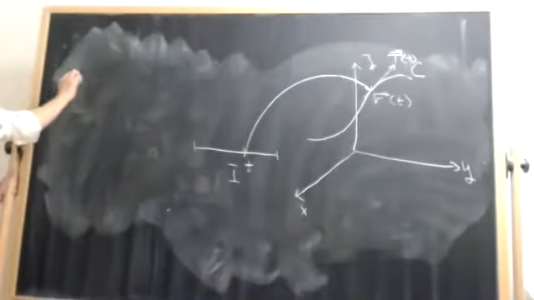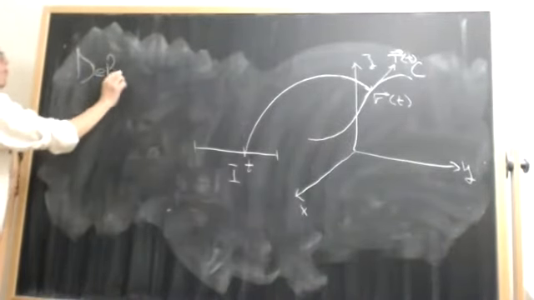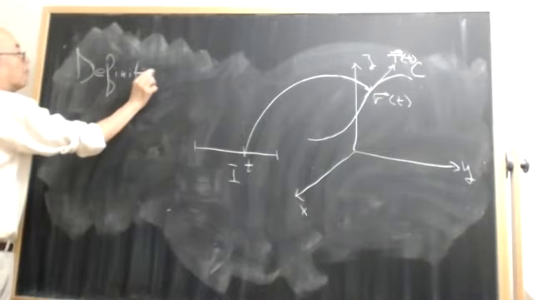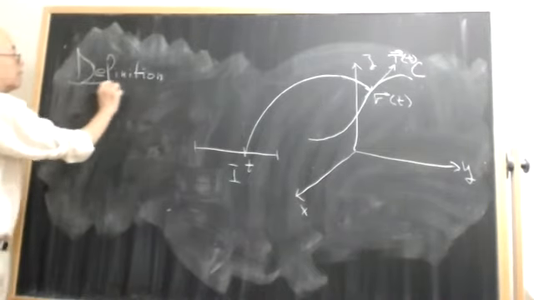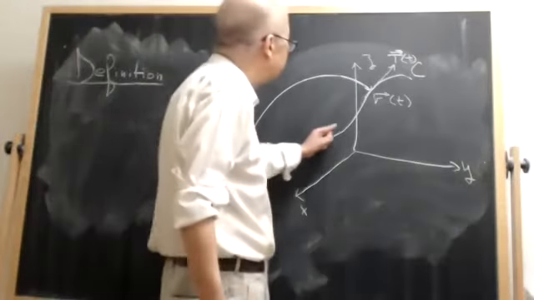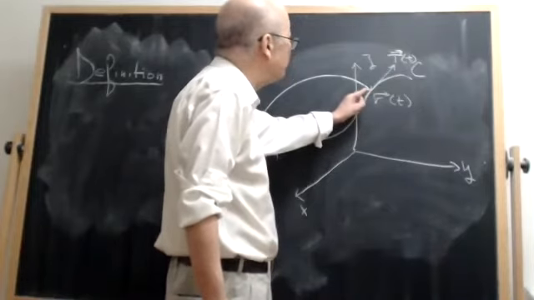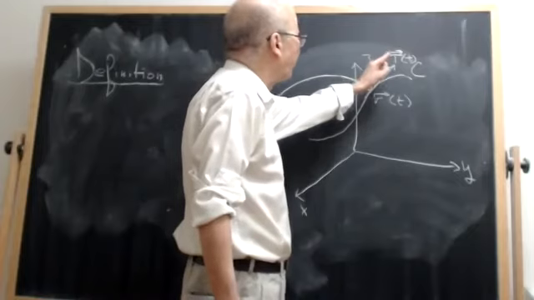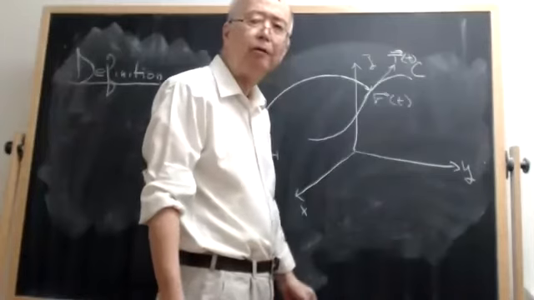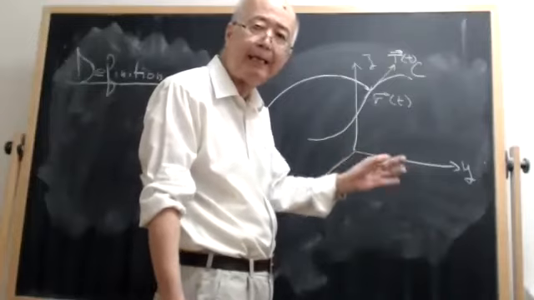So now I have the definition. So when we are at this length, we want to know the rate of change of the unit tangent vector with respect to an increase or a decrease in arc length.